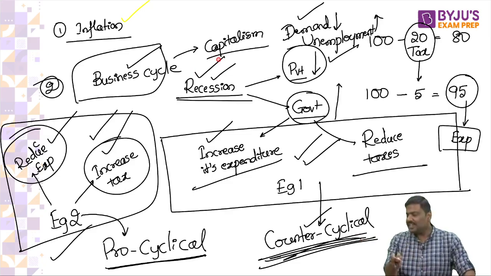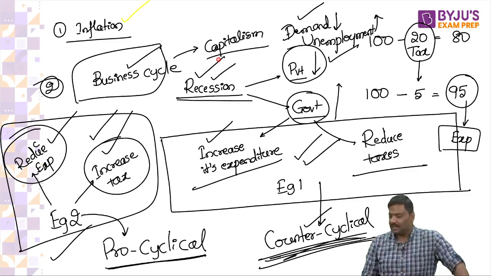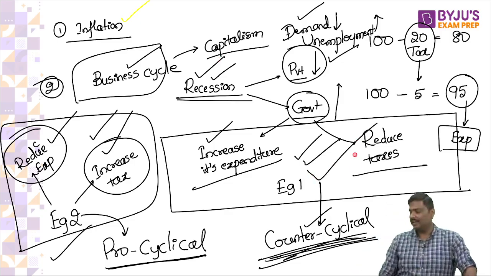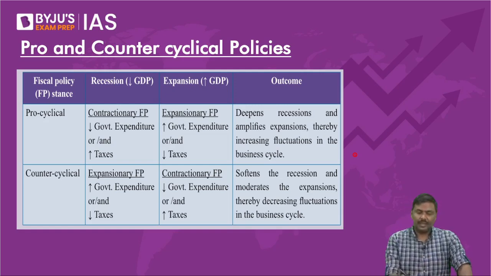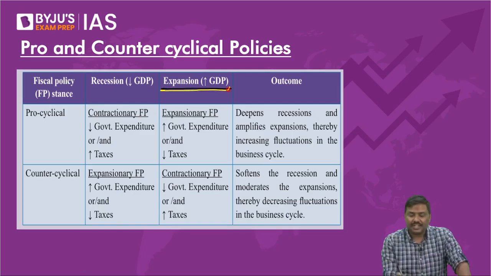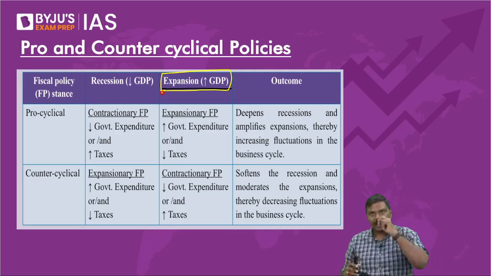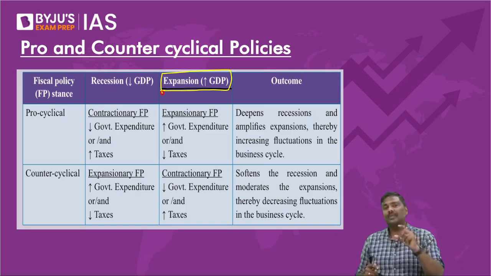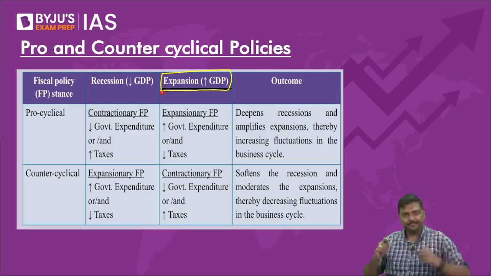The government should follow counter-cyclical. Now what about a boom, a situation of expansion? You already know the features. Expansion means growth is very high.